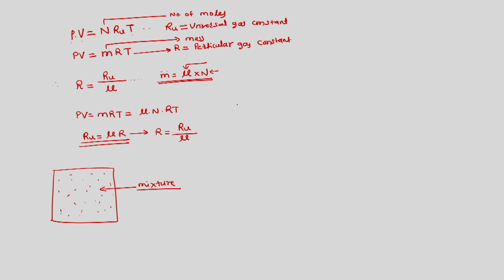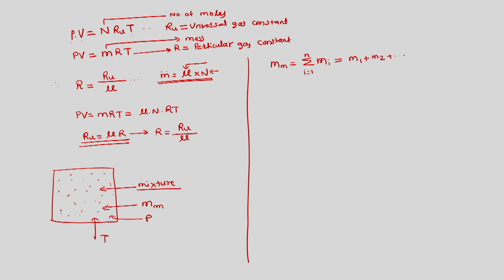We can say that this mixture has mass mm, pressure P and temperature T. The mixture mass is equal to the mass of all species which are present, so it is the sum for i equal to 1 to n of mi, that is m1 plus m2 plus up to mn. If there are n components in the mixture, there will be a summation of all n masses to get the mixture mass.